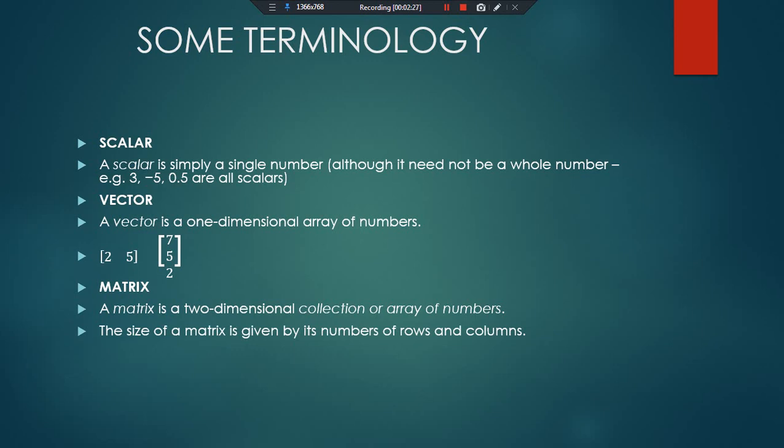Like here we have one row with 2 columns. Here you have one column with 3 rows, and here you have 2 columns with 2 rows. So this is known as a square matrix, and this is known as a vector, and this is also a vector.